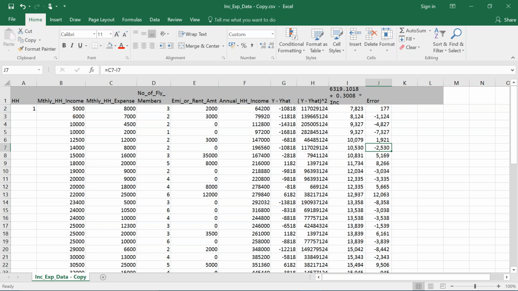Again, the gap is unexplained. Why is that household having less expense as compared to what has been estimated? It is unexplained. Can I say this is an unexplained error? So what we are going to do again, we'll do square of this term. So unexplained error square.